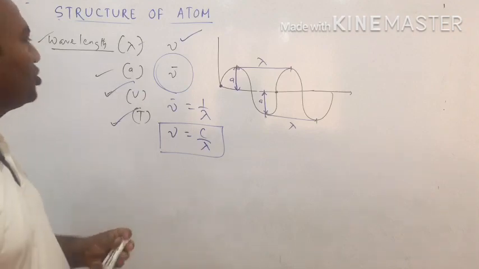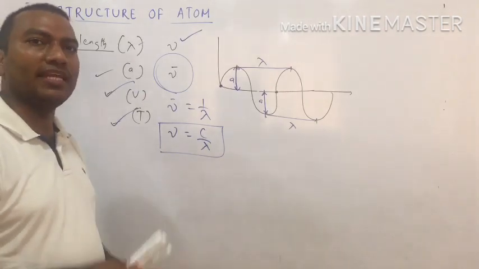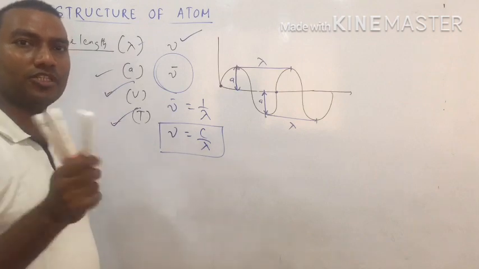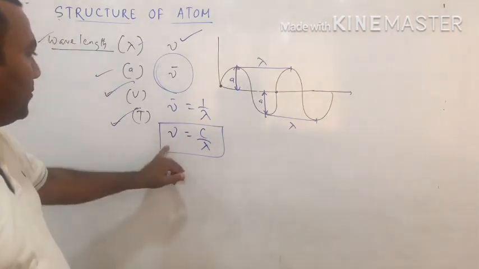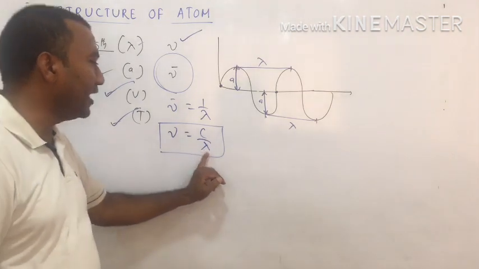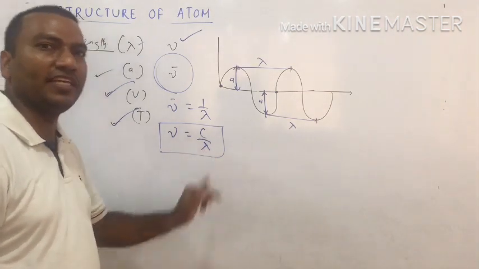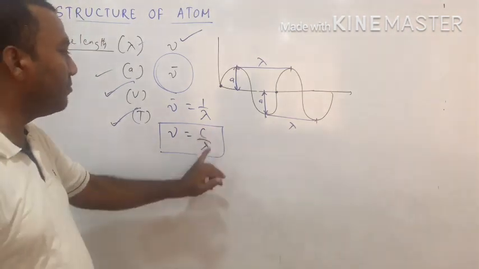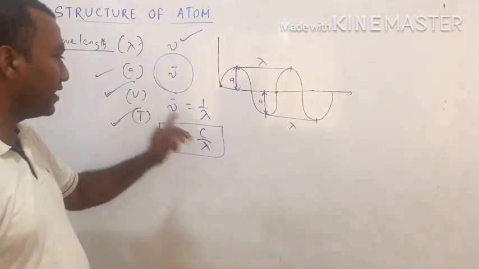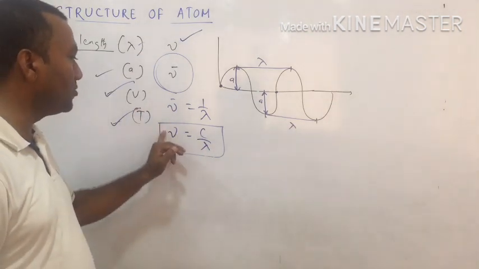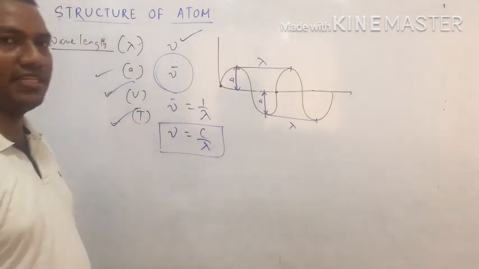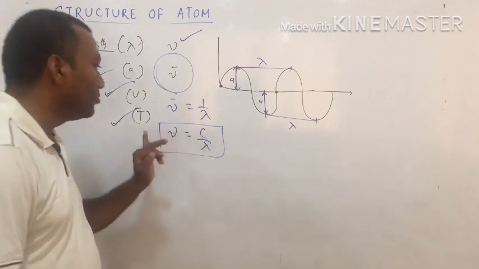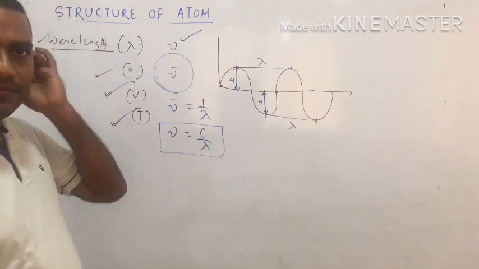This is called electromagnetic radiation. If frequency is more, definitely the wavelength is less, because nu equals C by lambda. That means the radiation whose frequency is more has less wavelength, and if wavelength is more, frequency is less.